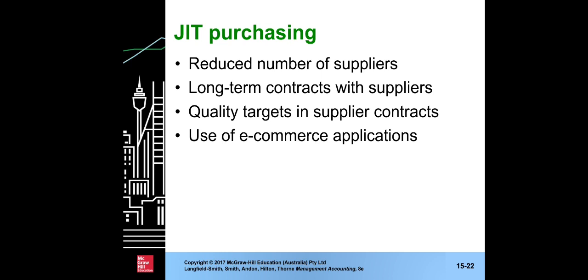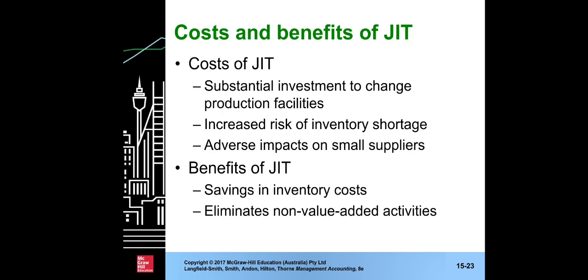The supplier has to deliver the inventories quickly when requested by the business, and it is also the supplier's responsibility to maintain the quality of the inventories. So JIT is good for a business, but it is a burden to the supplier.